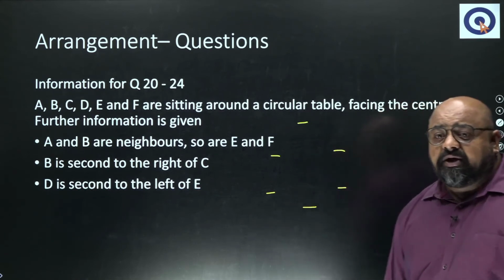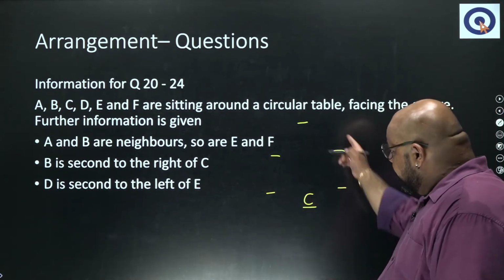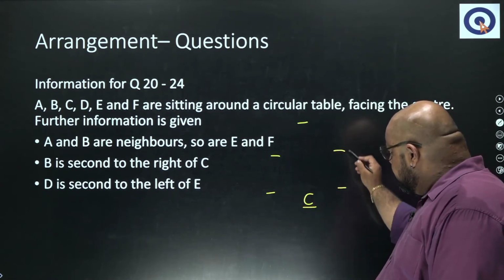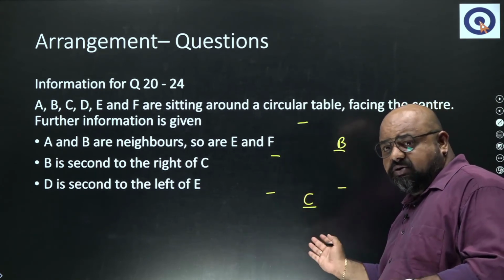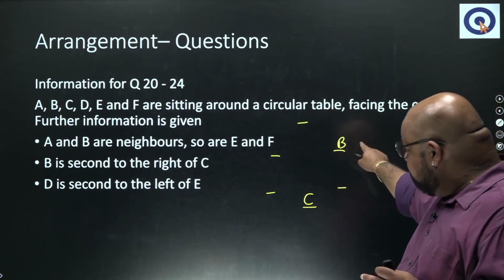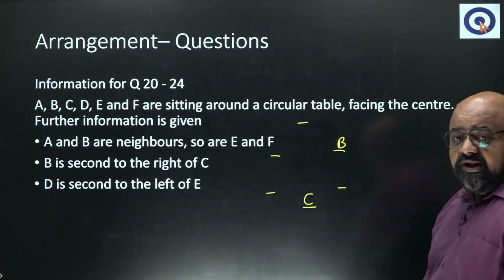B is second to the right of C. So make C sit first, facing inside. B is second to the right. Right will be in the anti-clockwise direction here. 1, 2. Second to the right. When you are turning, right is clockwise, but if you are sitting, right will be anti-clockwise. So B has to turn to his right to reach C. Something like that. B is second to the right of C.